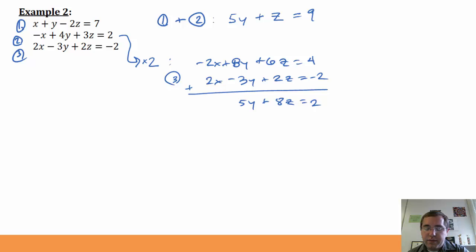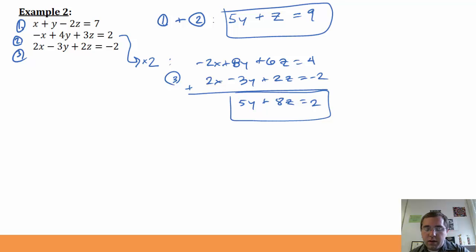So now I've got 2 equations, each with y and z. This one and this one. And now I know how to solve that. What I can do is cancel out the y's by multiplying this one by negative 1, giving me negative 5y minus 8z equals negative 2.